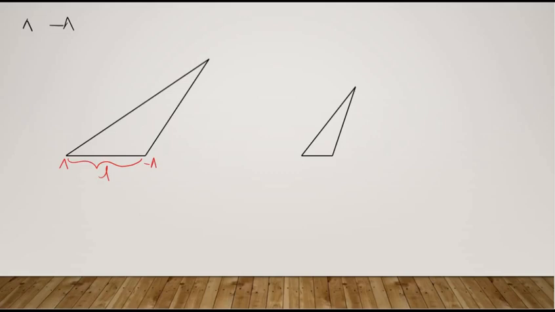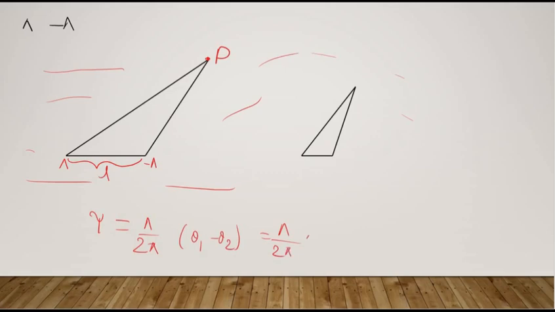So this whole region that you're seeing is the flow field, and in that flow field we have considered this source and sink. Now at any point in the flow field, let us say somewhere here, I'm considering this point as P. So at any point P in the flow field, if I want to write the stream function, it can be written as lambda by 2 pi into theta 1 minus theta 2, which can also be written as lambda by 2 pi into delta theta.